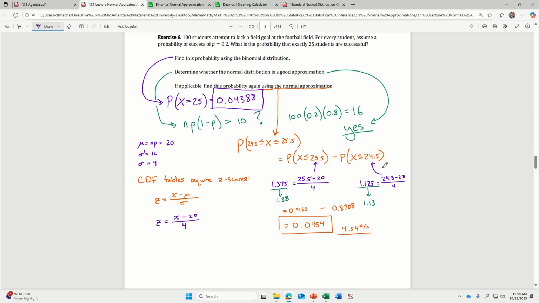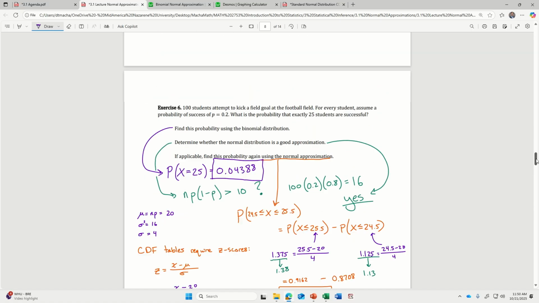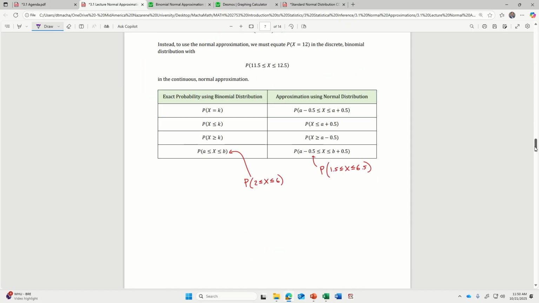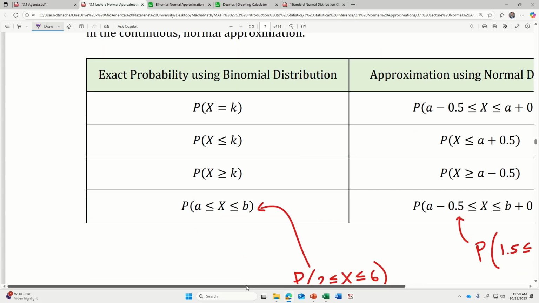So, any questions about how to do that? Okay, so we've got a bunch of exercises that look like this.